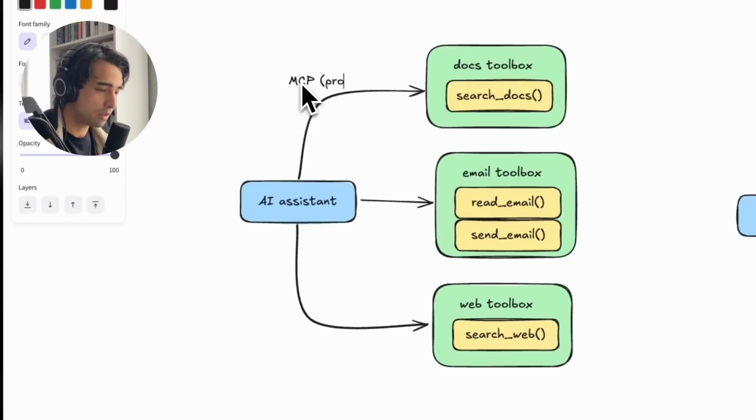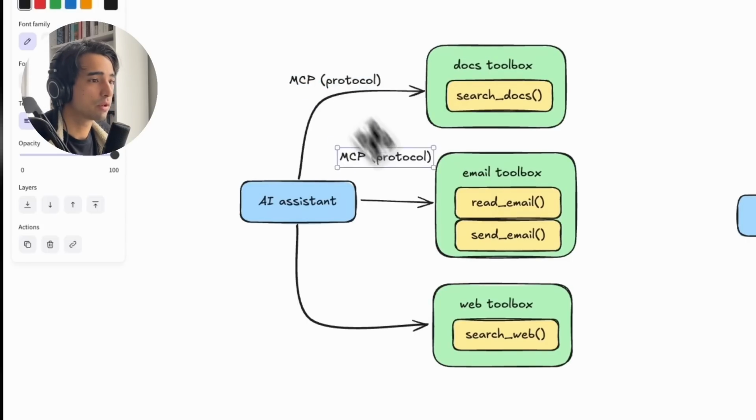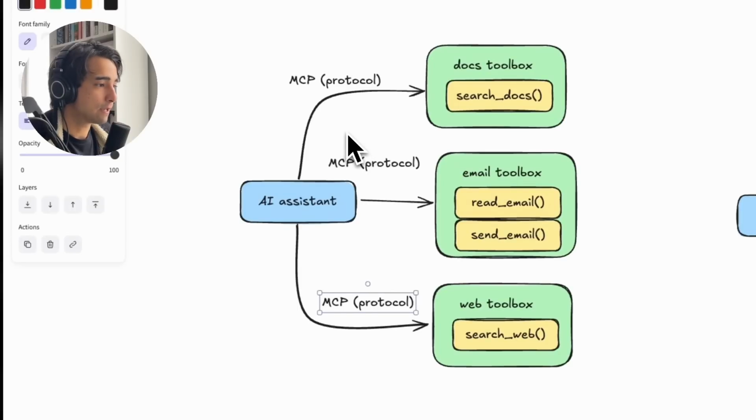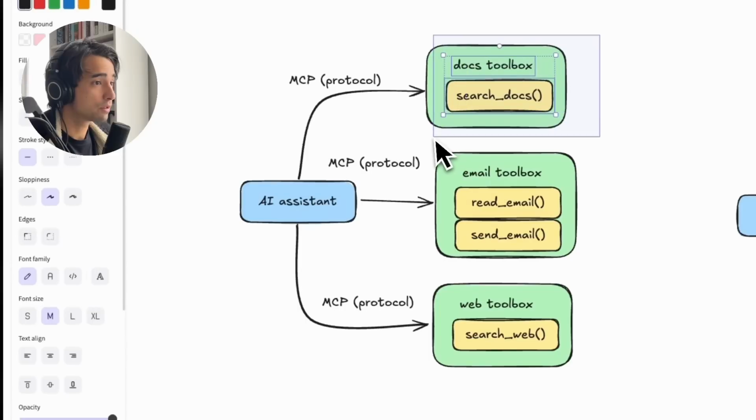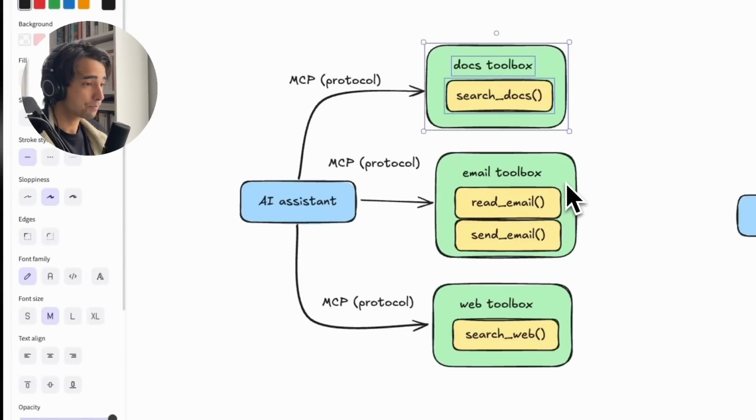You can use this MCP protocol to connect to all of these servers. And as long as you make your application compatible with the MCP protocol, it has access to the servers that people are going to be developing themselves, even if they are not at all related to your application, okay? So that's the new thing.